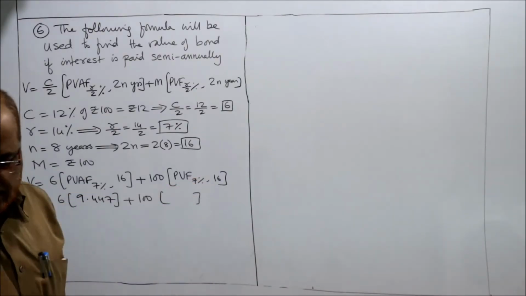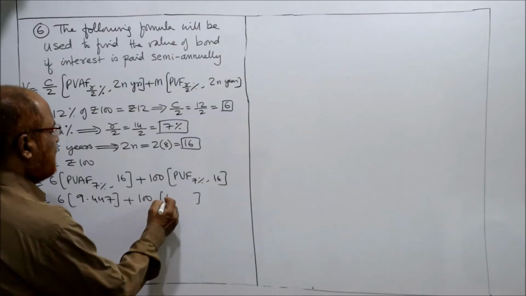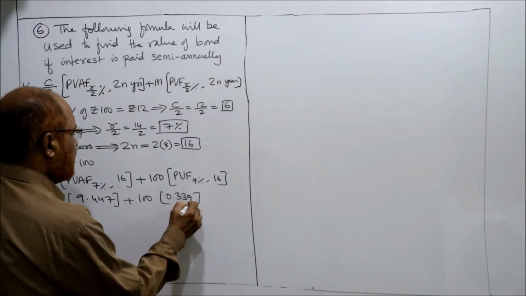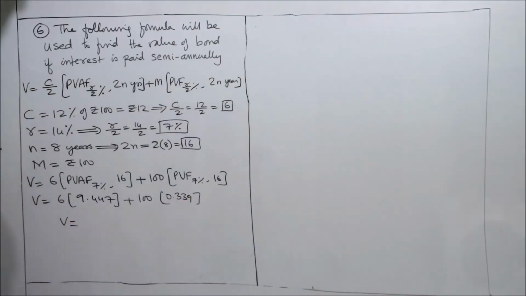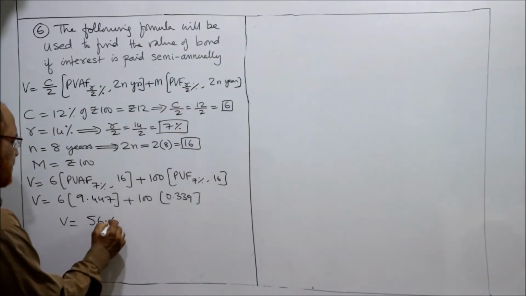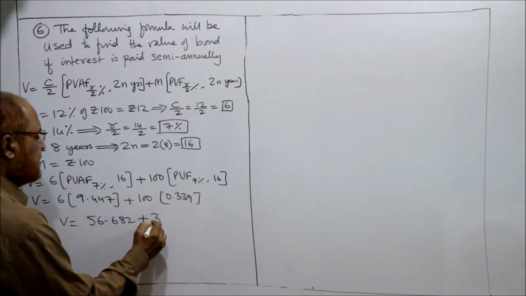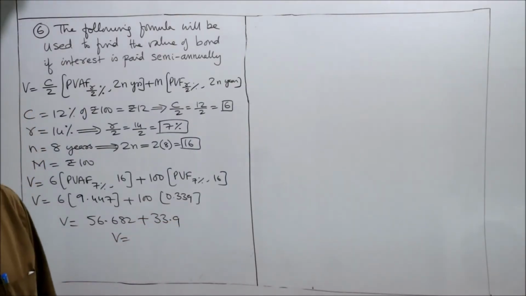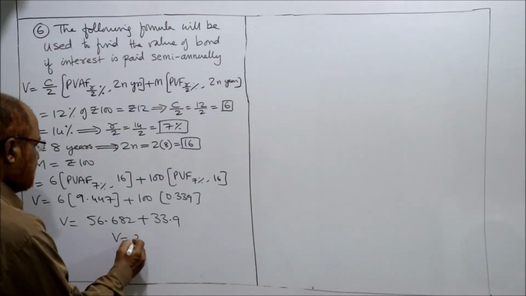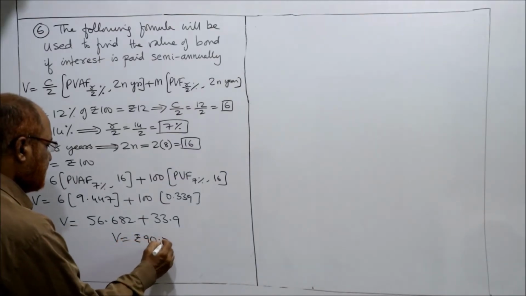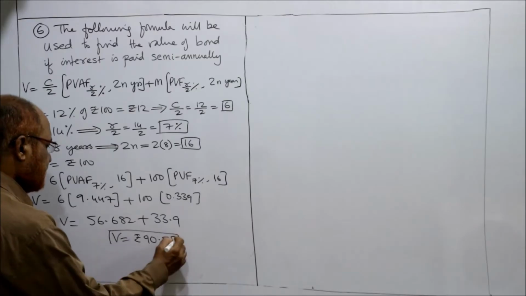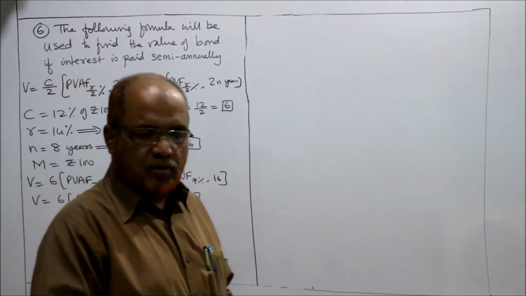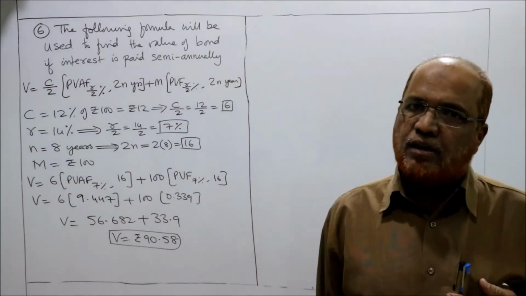Similarly, 7% 16 years, 0.339. V is equal to multiply 56.682 plus 33.9 is equal to 90.58. This is the value of the bond. 90.58 is the value of the bond.